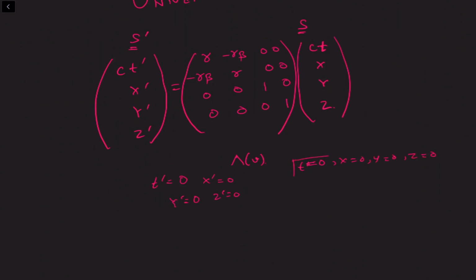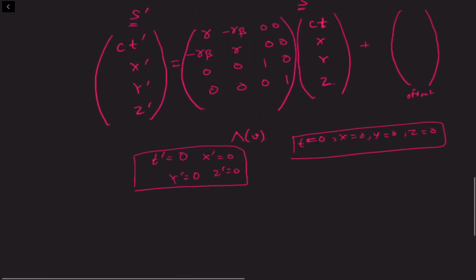That is, this spacetime point and this spacetime point are the same. But even if we don't choose these two spacetime points to be the same, we've seen that we would also have some kind of offset, where this offset matrix is just a matrix of constants which doesn't depend on the speed v. It just depends on the choice of origin that observer S prime makes of their space-time coordinates.